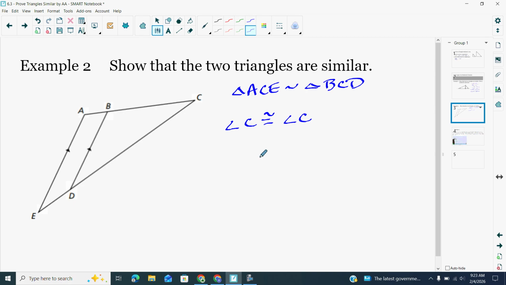We need to show that we have another set of corresponding angles. Notice we have these two lines showing that those are parallel. If those are parallel and we have a transversal, another segment that cuts through those parallel lines, remember, we had lots of sets of congruent angles, including this one here and this one here.